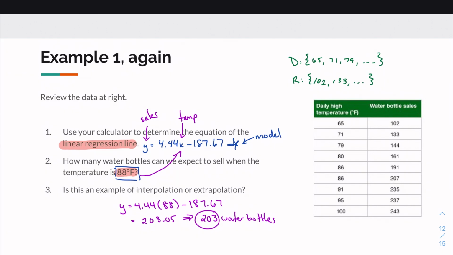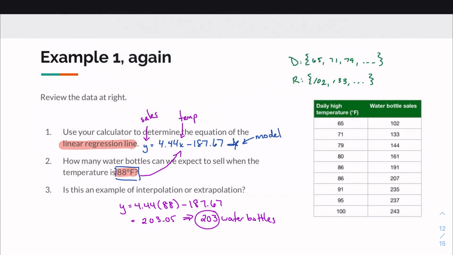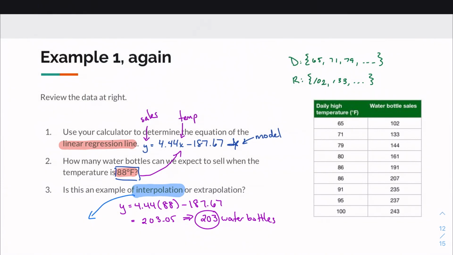And we're going to talk about what that means in a little more detail in a minute. By the way, because I almost forgot to do it, with my part 3 here, this would be an example of interpolation. Why is it an example of interpolation? Well, that's because if I look at my range, my x values range from 65 to 100, and 88 falls within that range, or within that span.